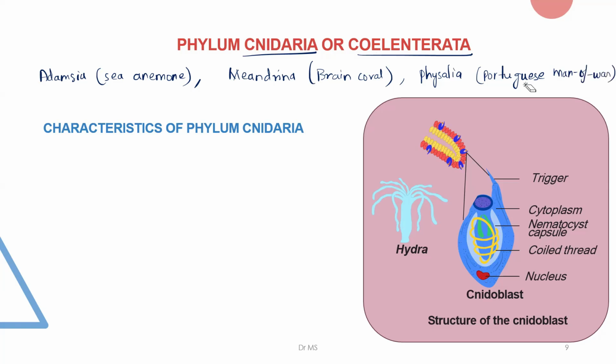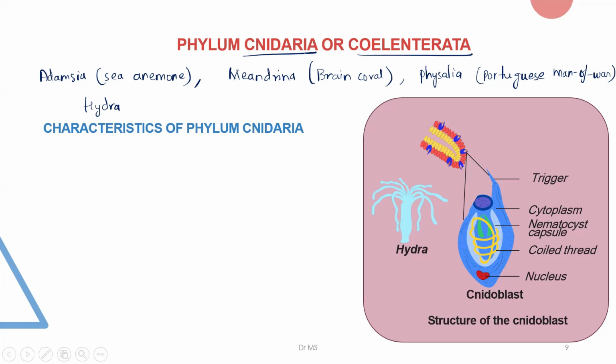Just for understanding, I'm saying this. And the other one is the Hydra. So remember: Adamsia, sea anemone; Meandrina, brain coral; Physalia, Portuguese man of war; and Hydra. All these organisms are included in the phylum Cnidaria.